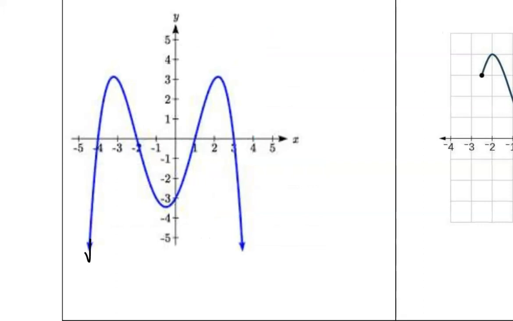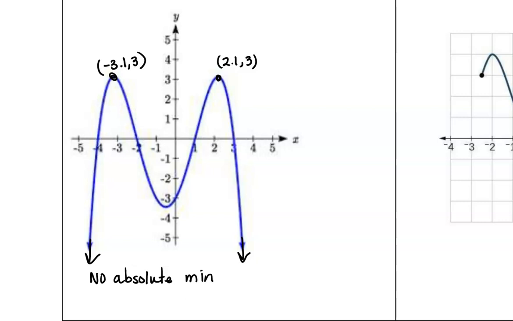In our third graph here, this graph drops down forever, and so this graph has no absolute minimum. It does, however, have an absolute maximum. It has two absolute maximums. Looks like we can see these two points right here. I'll estimate this one here at 2.13, and I'll estimate this one here at negative 3.13.